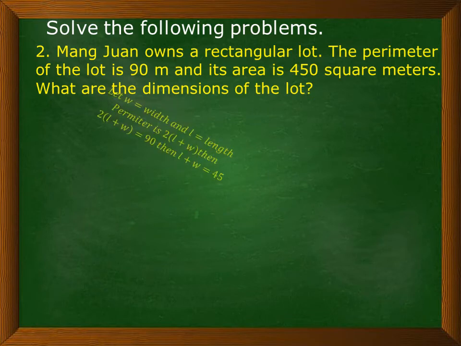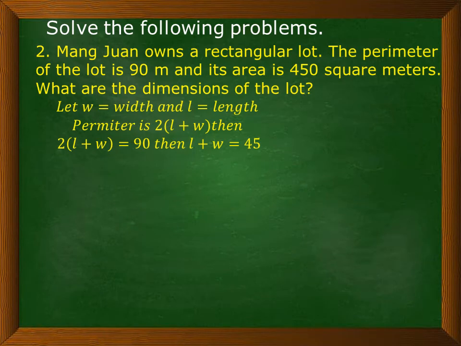So first, we need to let W is equal to width and L is equal to length. Since perimeter, the perimeter is 2 times L plus W. That will be your formula for perimeter. Then, 2 times L plus W is equal to 90 because your perimeter is given in the problem.